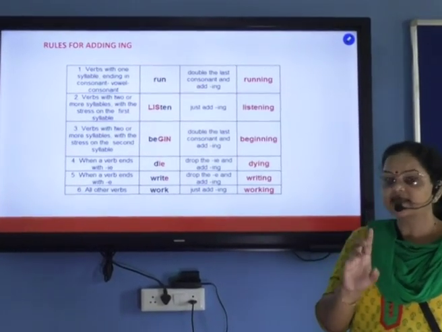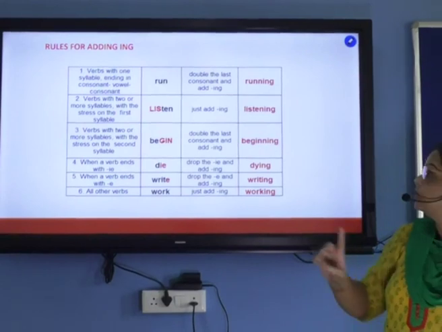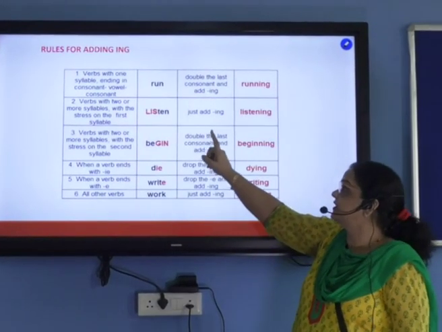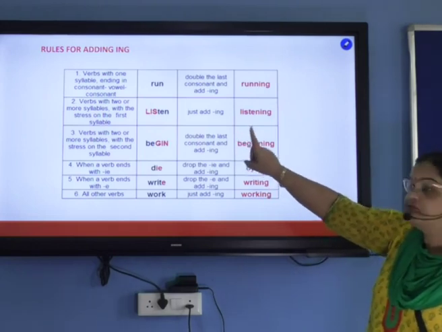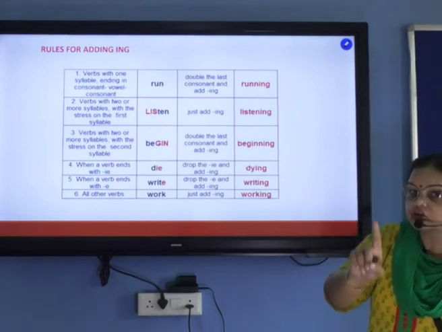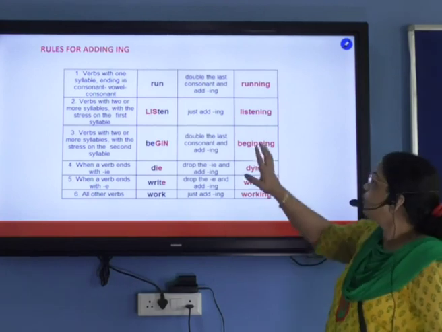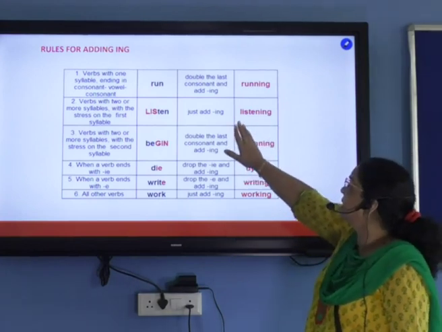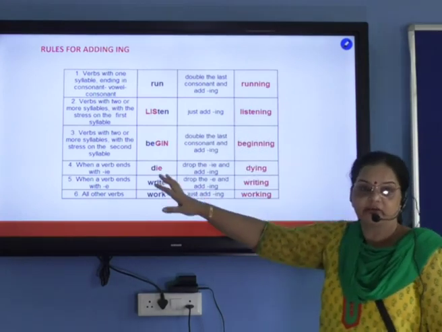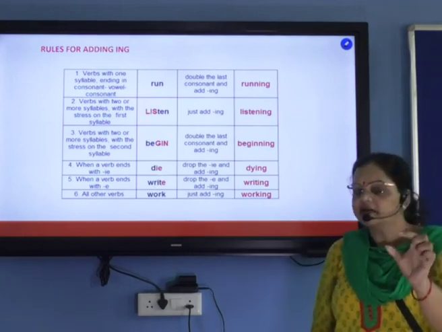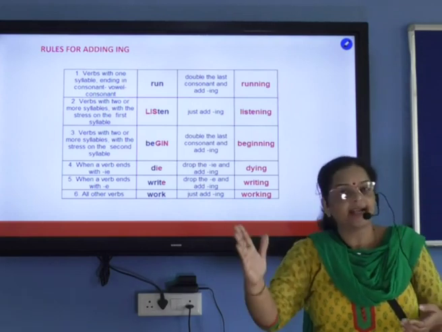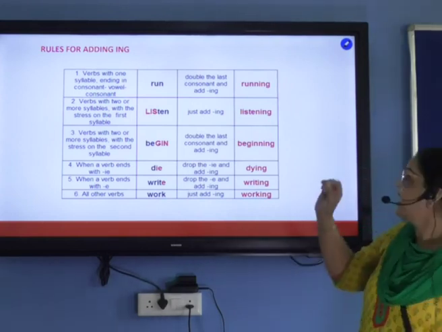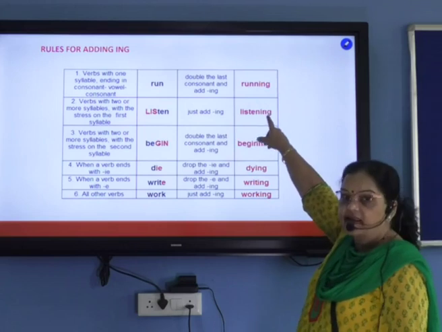Clear? Now you understand what a syllable is? So when a one syllable word like run has the CVC formation, consonant, vowel, consonant, what you have to do is just double the last consonant. Just read the word and you will see the CVC formation. Like run, running.